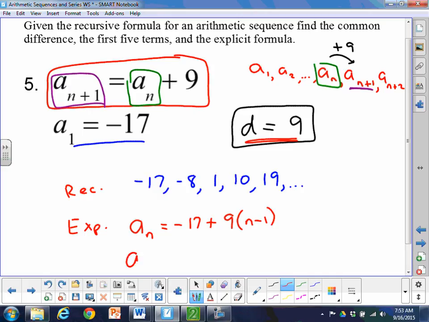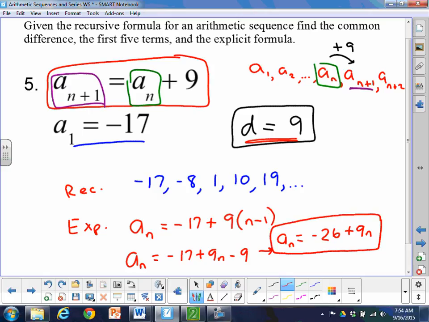And we're just going to do the algebra on that, simplify, so negative 17 plus 9n minus 9, which simplifies to negative 26 plus 9n. And that's our explicit, okay? Remember explicit means that you can plug in any n you want and just get an answer. Okay, the recursive is when you're dealing with n plus 1s and n's, subscripts.